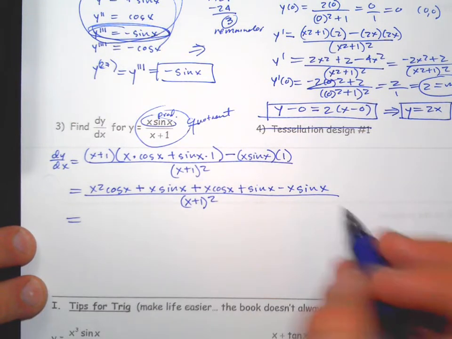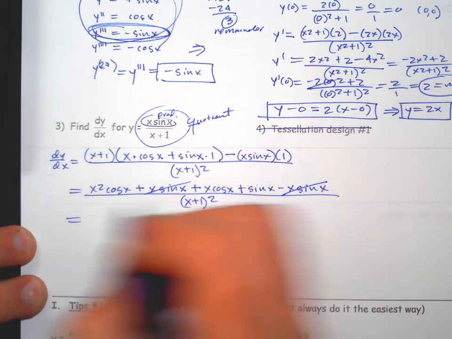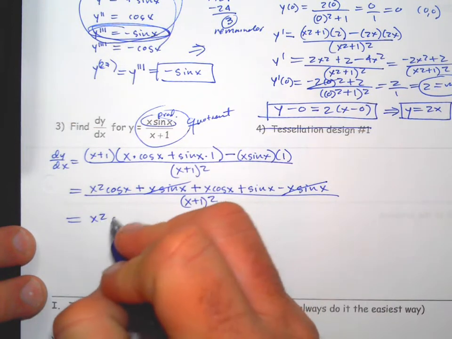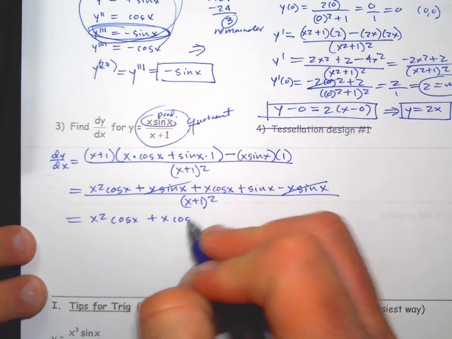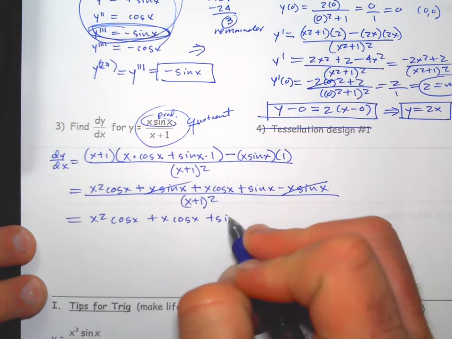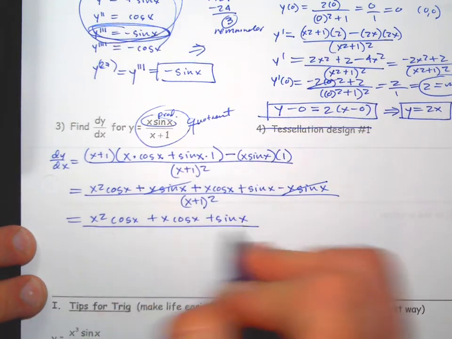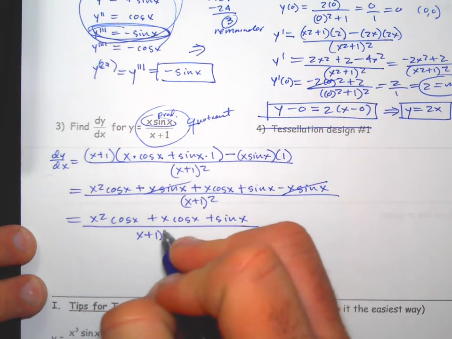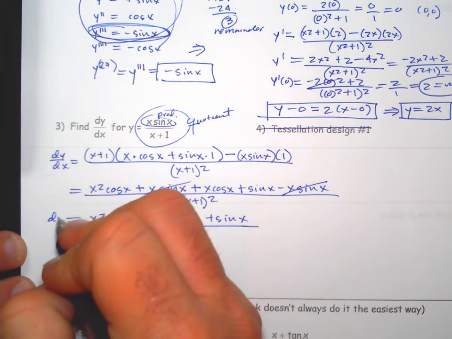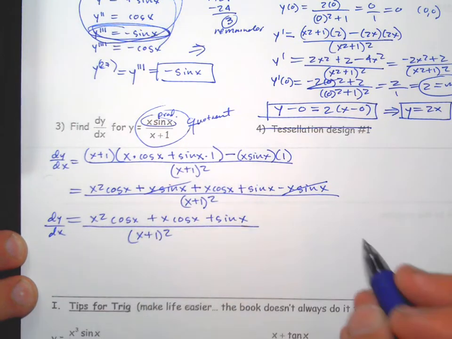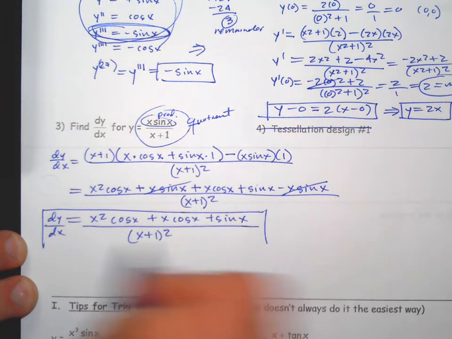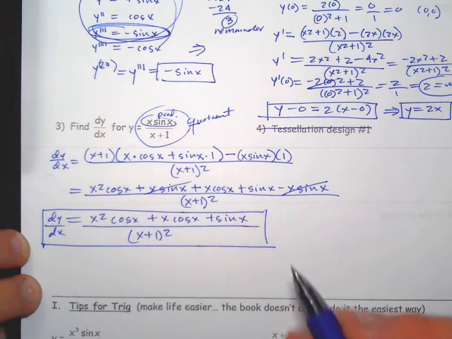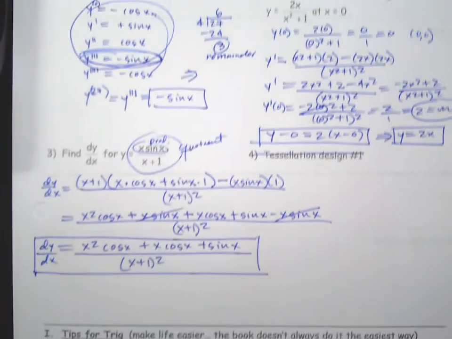So let's see. Those simplify. X squared cosine x plus x cosine x plus sine x all over x plus 1 squared. So I think that's about as clean as we're going to get it. All right. So there you go. That's your warm up.